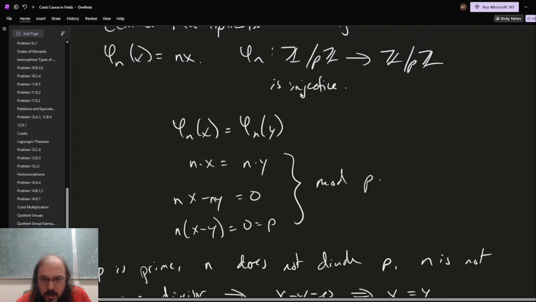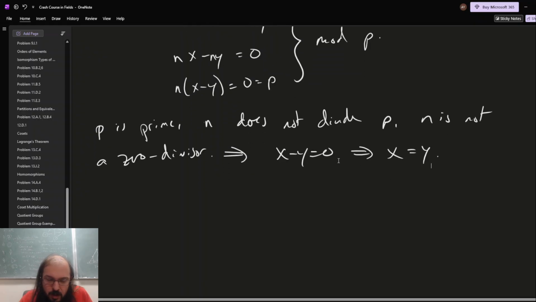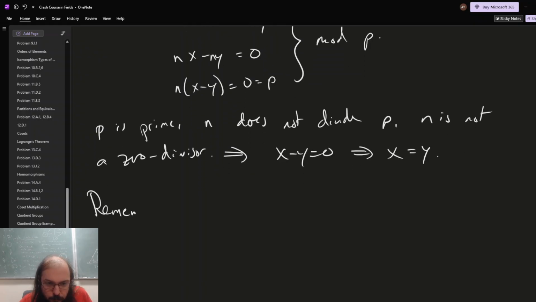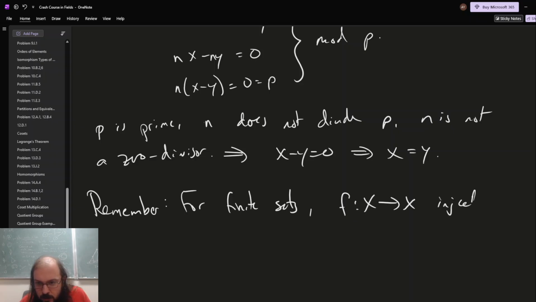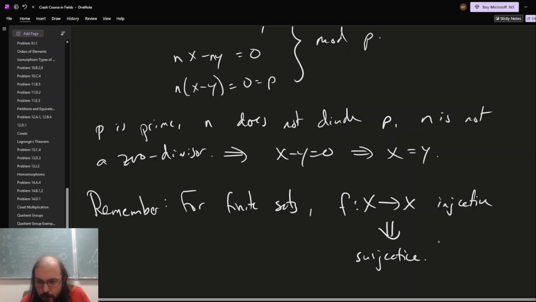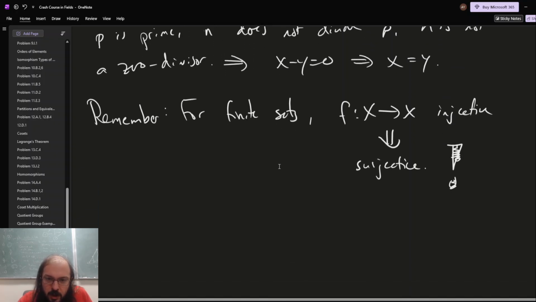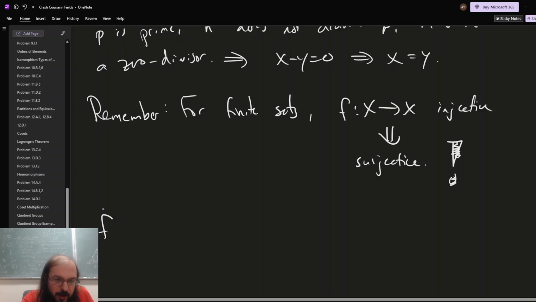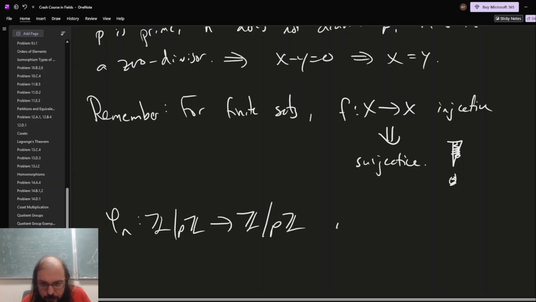But in any case, once I know that this map is injective, let's remember from our review of functions, for finite sets, if I have an injective function from a thing to itself, it's also surjective and therefore bijective. And that's huge for us because what it means is that this phi_n is surjective.